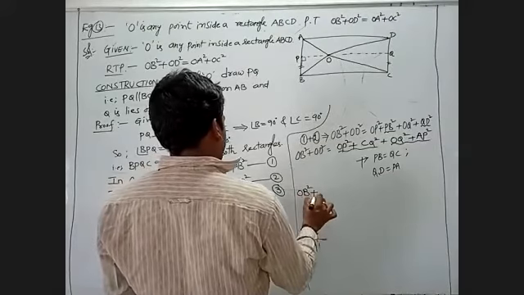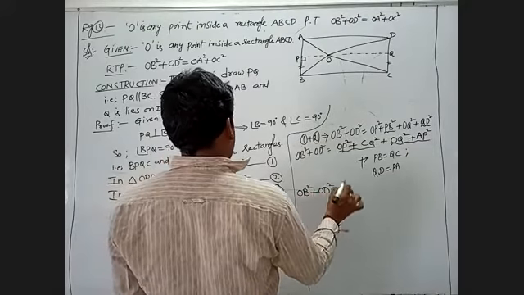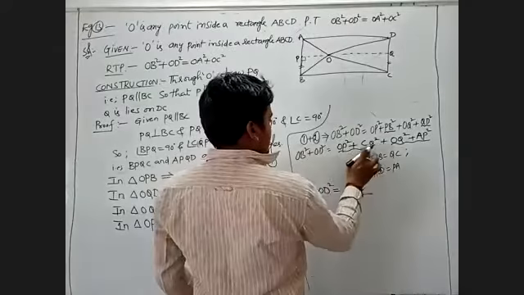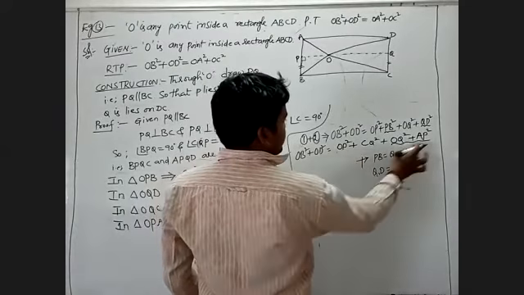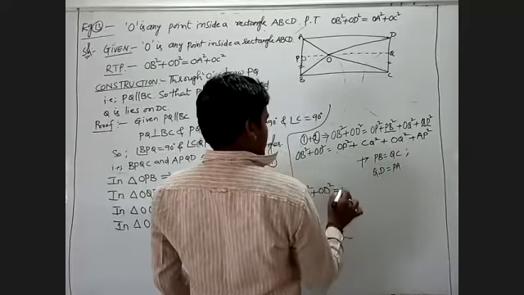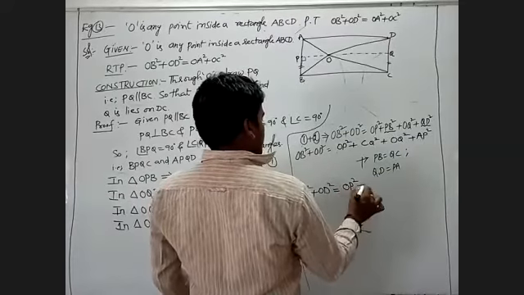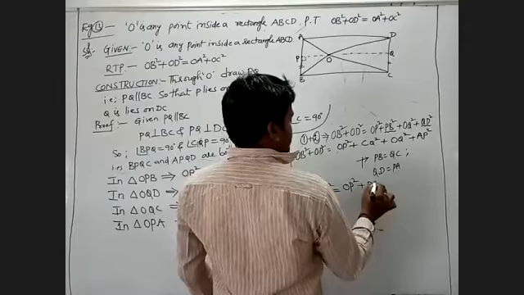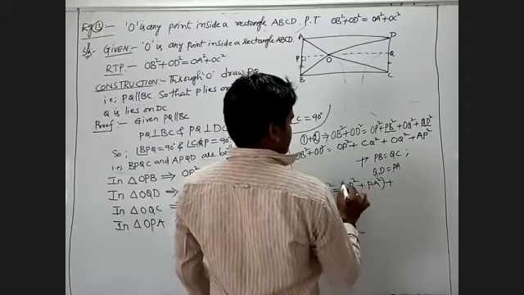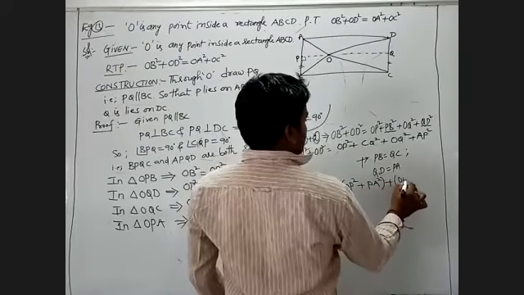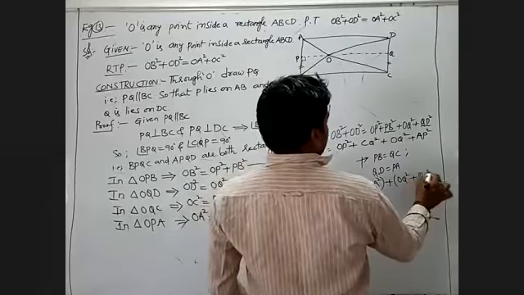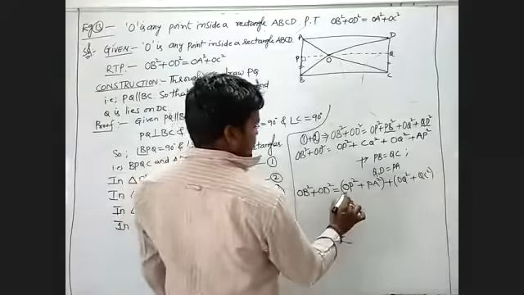OB square plus OD square is nothing but, first we write OP square plus, after that, AB is nothing but PA square plus, again we have to write OQ square plus CQ is nothing but QC square, from 3.